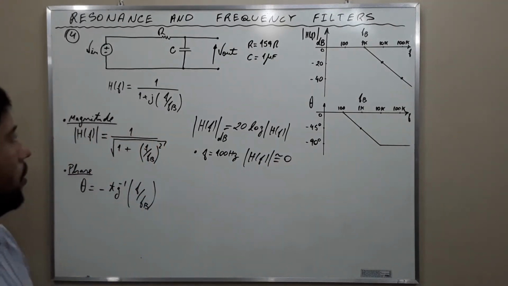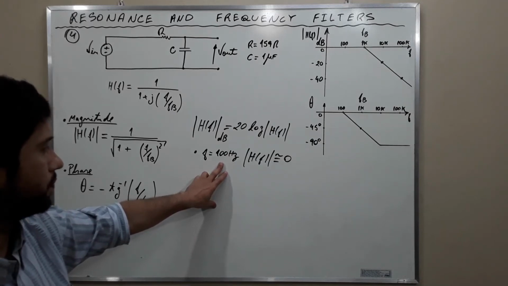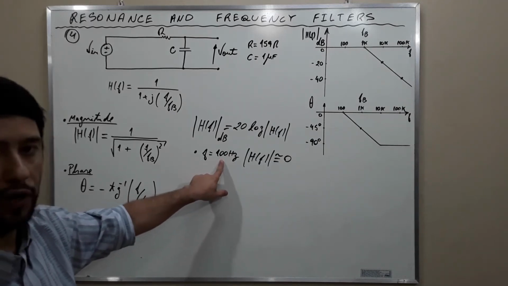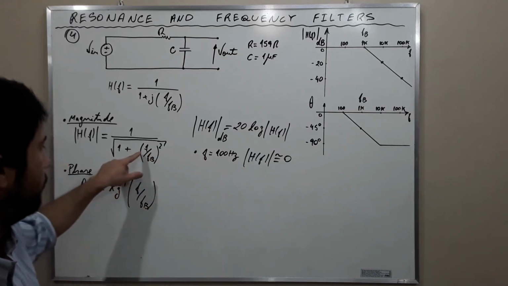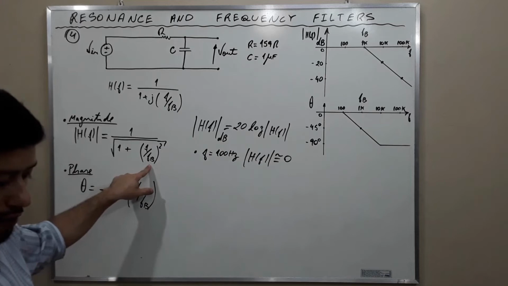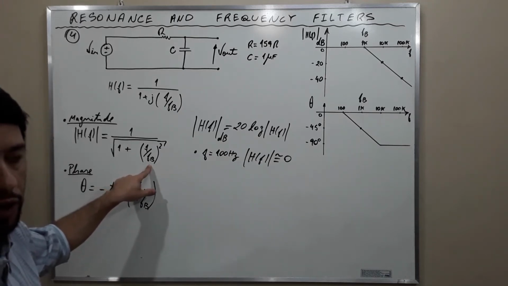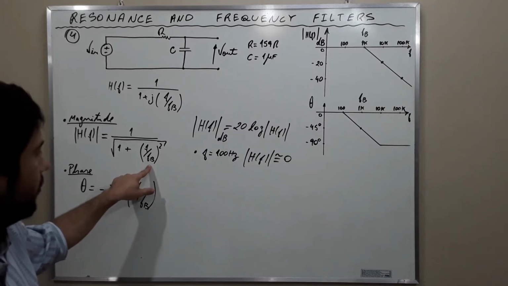Okay? How do we do it? We take the value of the frequency and we put it here. And we divide by the value of the half power frequency, or if you prefer, the cutoff frequency.